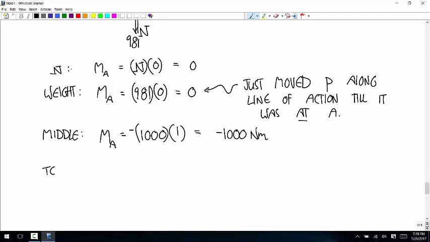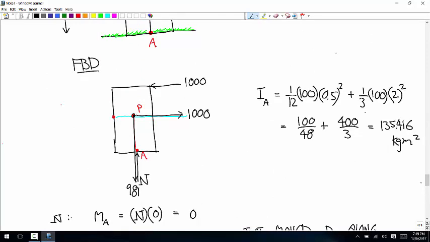And then for the top force, we're going to do the same thing. So instead of applying the force here, we'll move the force along its line of action. There's its line of action, until the force vector is perpendicular to that line between A and P. So I'll move it to here.